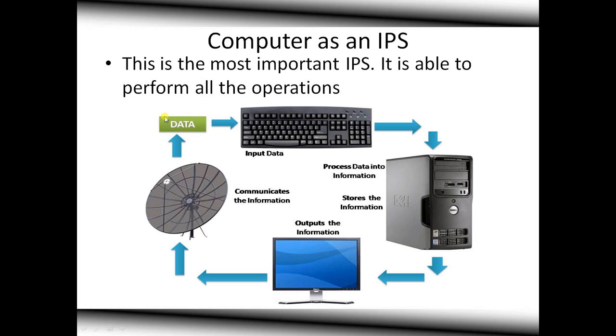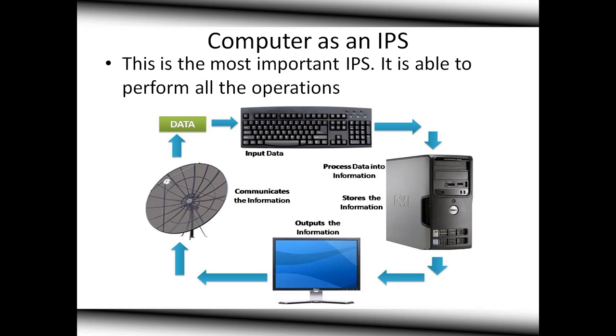So first of all, you have your data here. Then data is entered. If, let's say, it is in the form of text, it is entered or typed on an input device. We look at devices later on. Then it is passed into what you should know as the system unit.